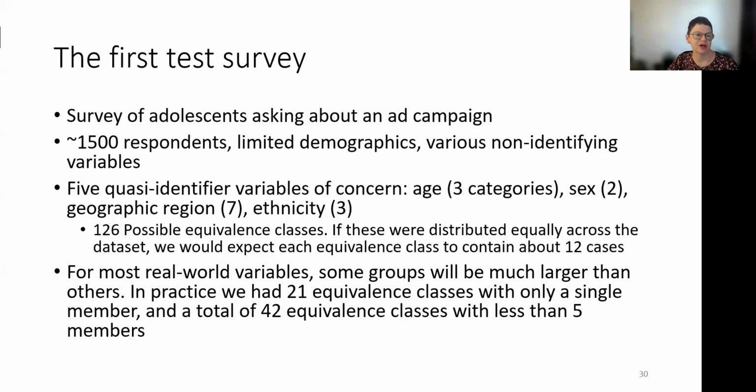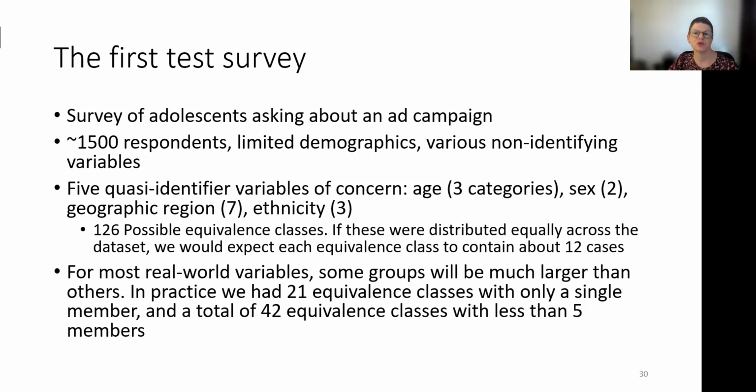So we've got 1,500 people and we're dividing them up into 126 groups based on these quasi-identifiers. If these were distributed equally across the data set, we would expect each equivalence class to contain about 12 cases. Unfortunately, they were not distributed equally across the data set. Some of the ethnic groups were much more common than others. Also, some of the regions have a lot more people in them than others.